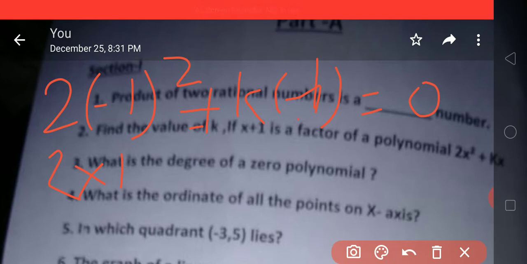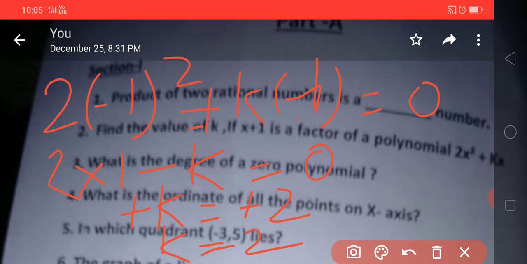Plus minus is a minus, k into minus 1 is minus k, so this is equal to 0. And 2 ones are 2, and if you transpose this, it will go to the right hand side and it will be subtracted from 0 and you will get minus 2. This minus will cancel with minus and k will be equal to 2 is the solution.